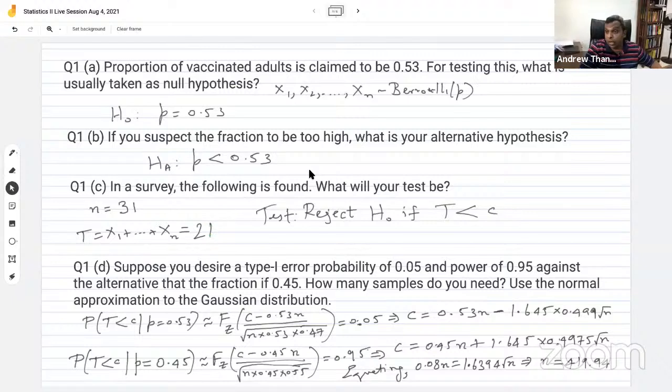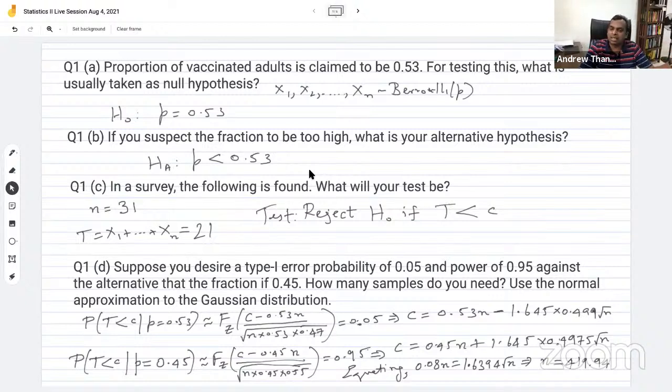And what is my test going to be? Remember, my alternative is p less than 0.53, right? So given this setting, I'm going to reject H0 if t ends up lesser than some critical value c. This is a very standard way of testing for the mean. Instead of the sum, you could use the mean also.